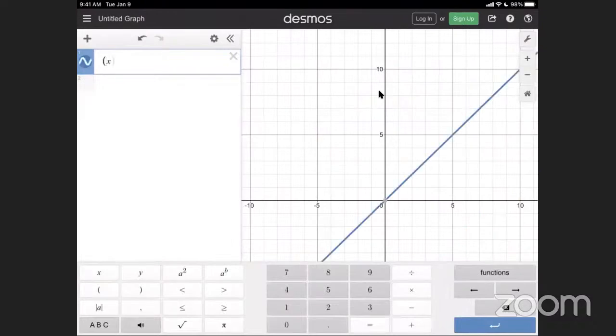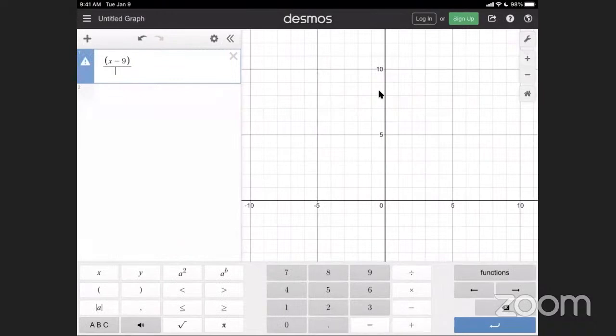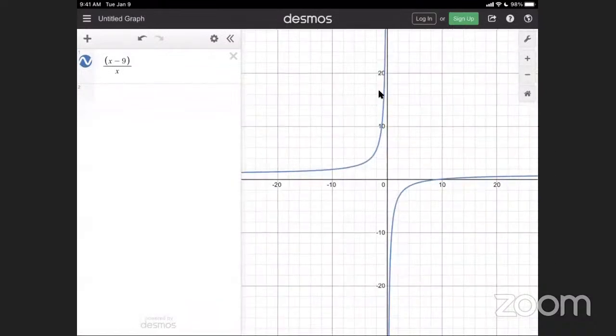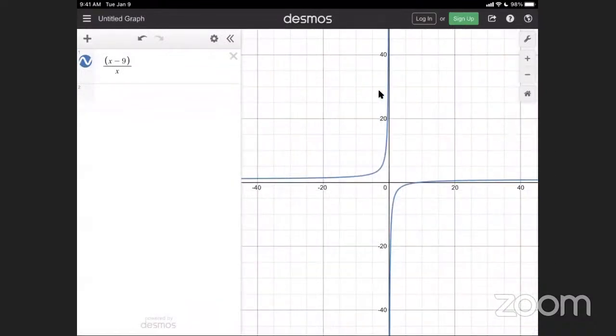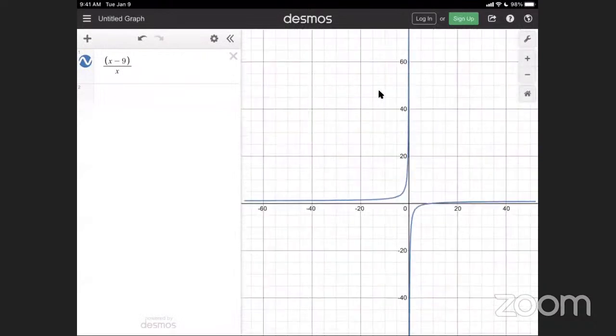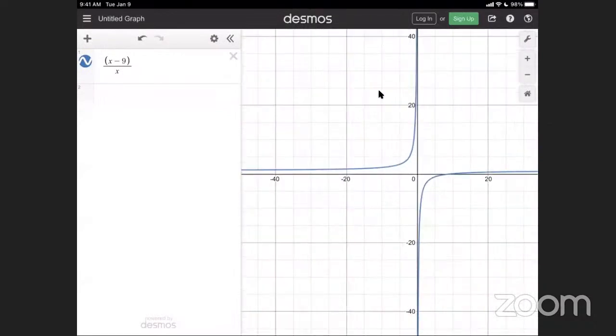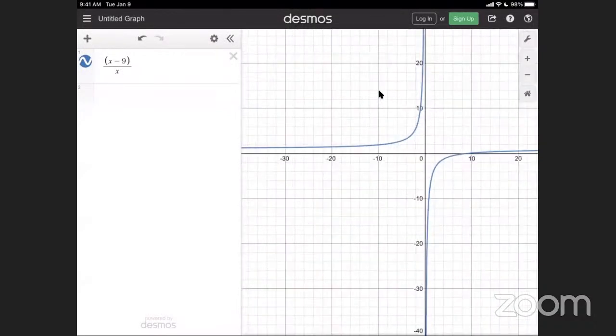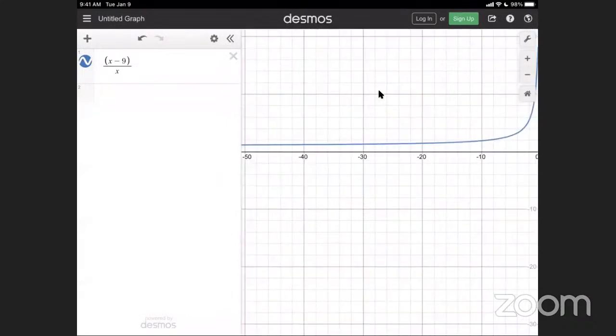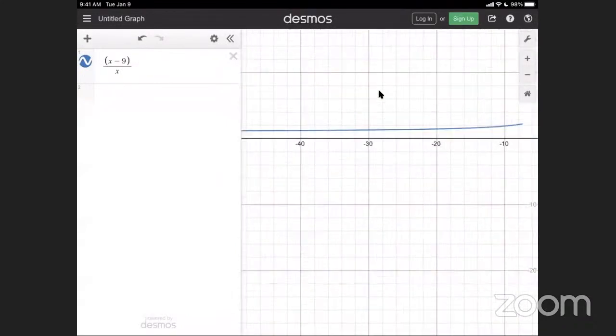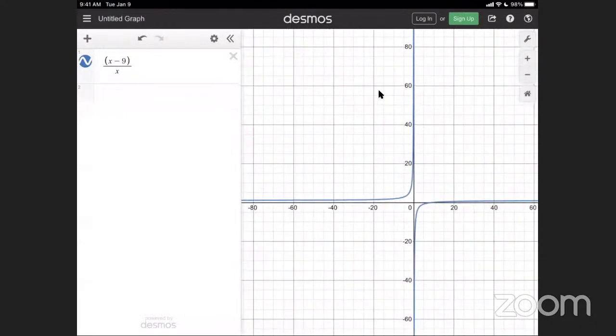Parentheses x minus 9, parentheses, divided by x. And do you see how there's an asymptote there? The horizontal asymptote, like I said, is 1. Now it's kind of hard to tell that on the graph, but I know there is one because of what I did on the equation, finding horizontal asymptotes.